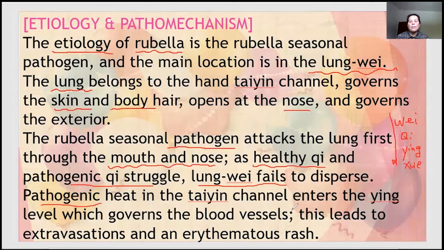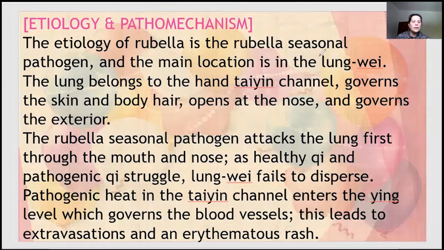So the pathogen invades from superficial to deeper. Then there is some skin rash coming out. So basically the skin rash is coming out from the deeper level to the superficial level. That's the same meaning as saying we need to relieve the pathogen, give the pathogen a way to go away.